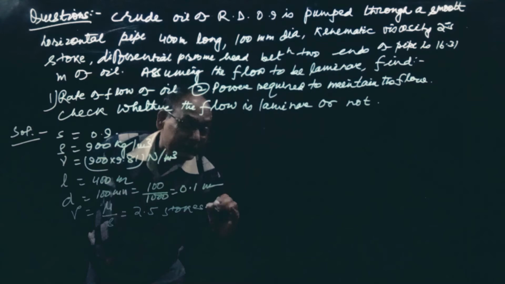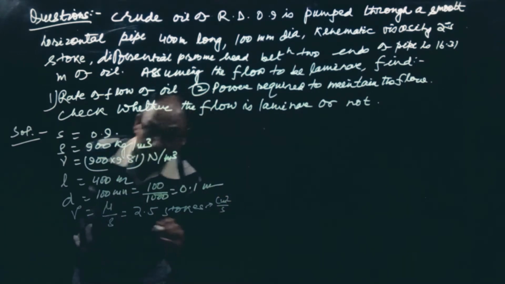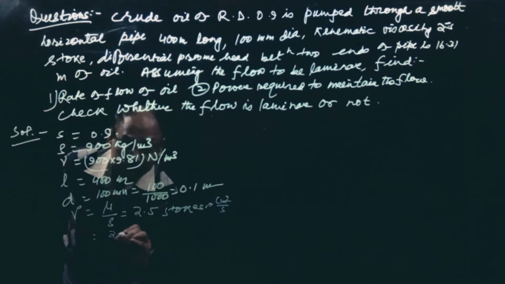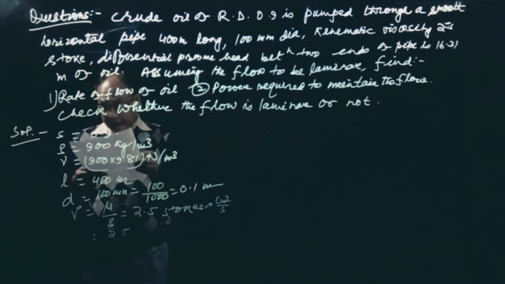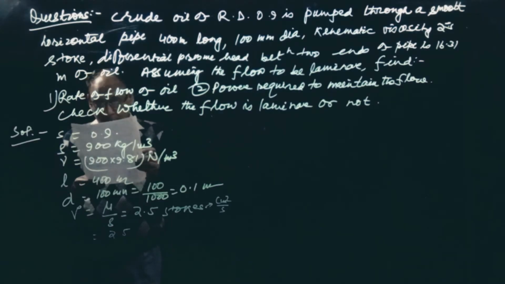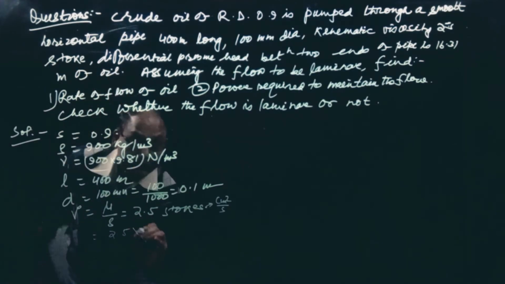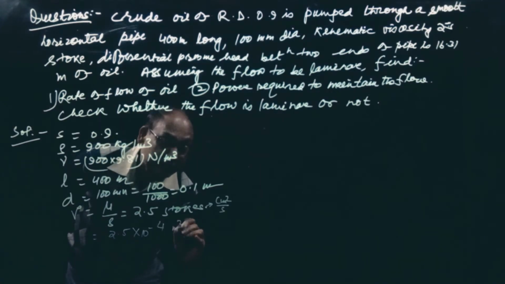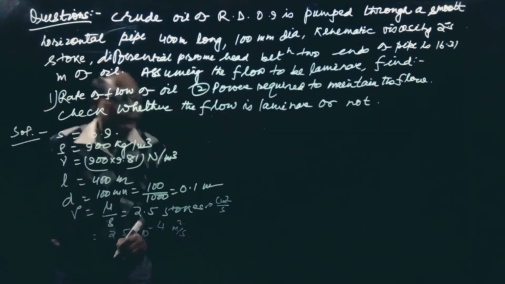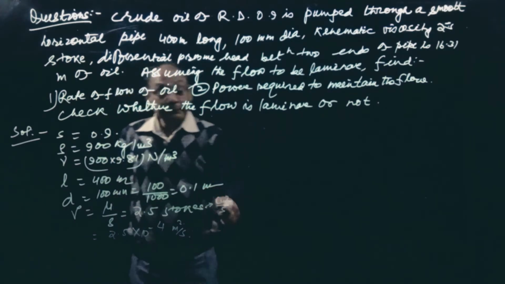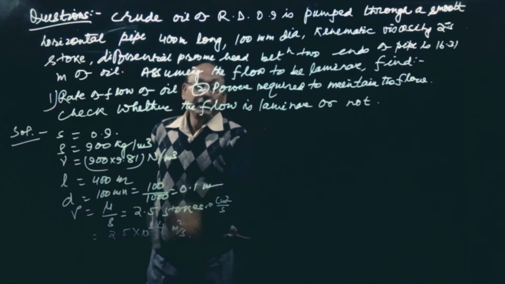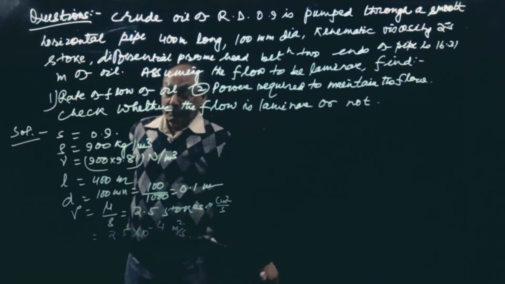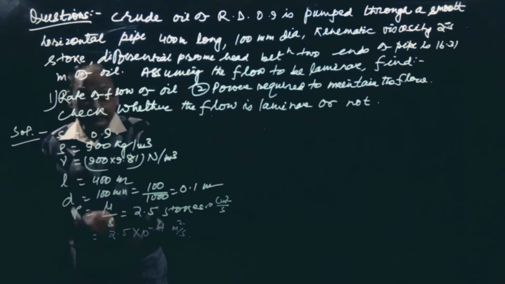A stoke is nothing but centimeter square per second, so nu will be 2.5 into 10 raised to power minus 4 meter square per second, since centimeter divided by 100 is multiplied by 10 to the power minus 4.